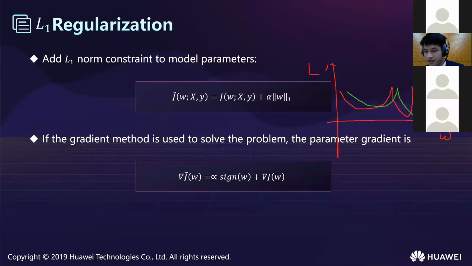This line means the testing data. And when we train the model using the training data, it will go to this point or this point, right? Do you agree? Maybe we will go to this point, maybe we'll go to this point.